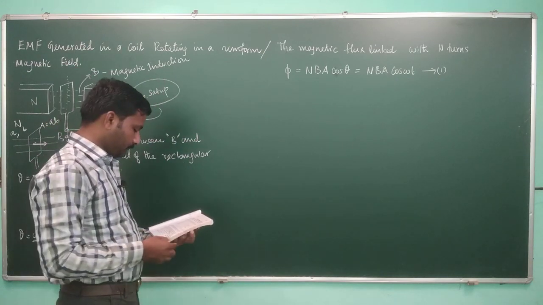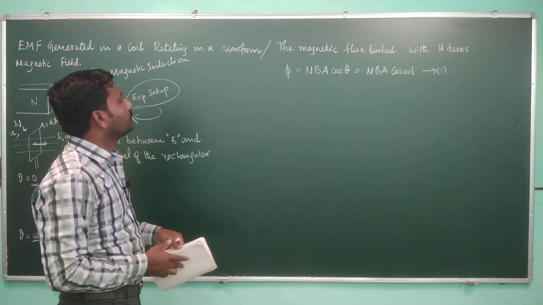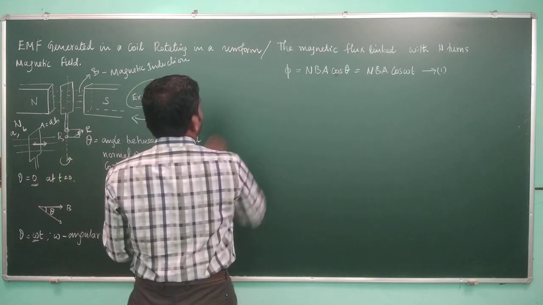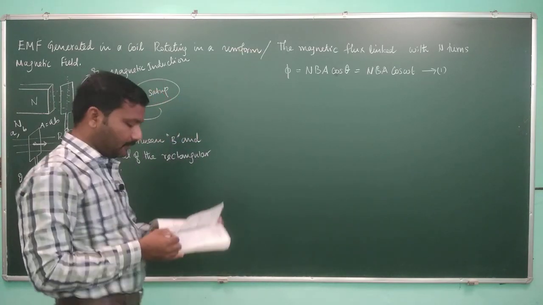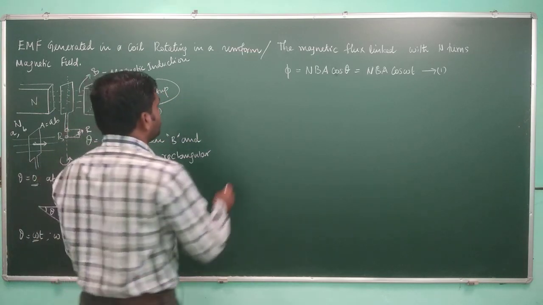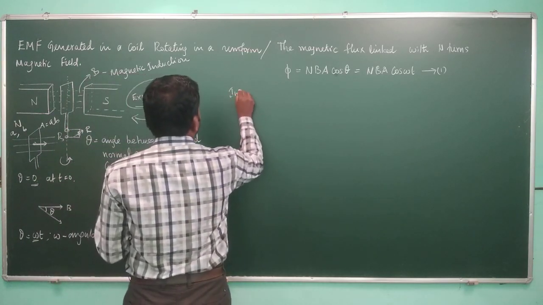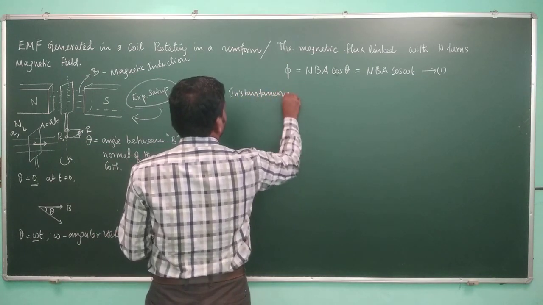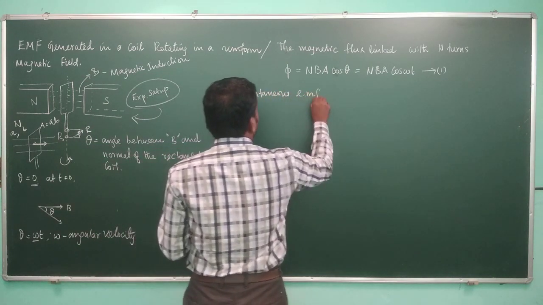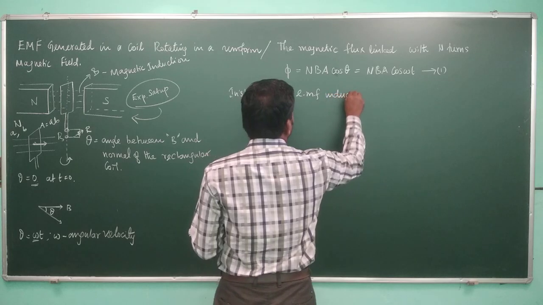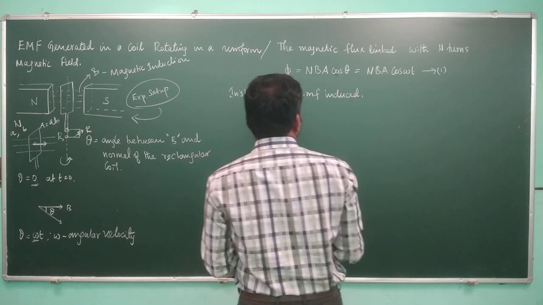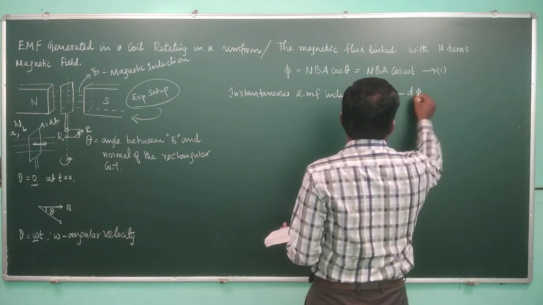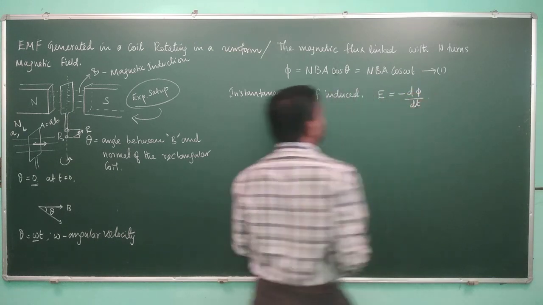Right. Now, from this, for a particular instant of time, we can write the induced instantaneous EMF. The instantaneous EMF induced, which is E, is equal to minus d phi by dt.